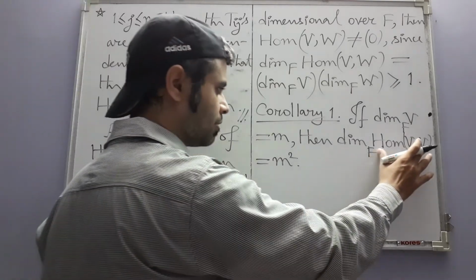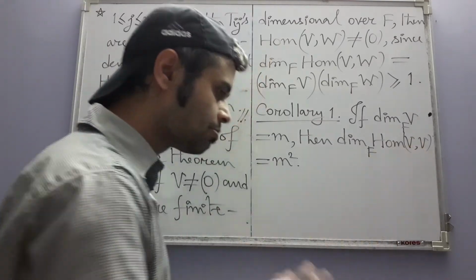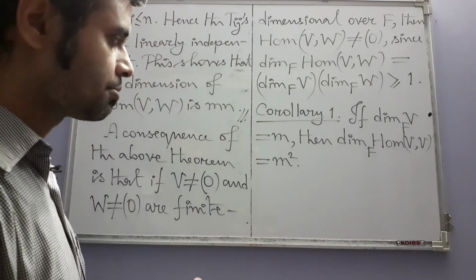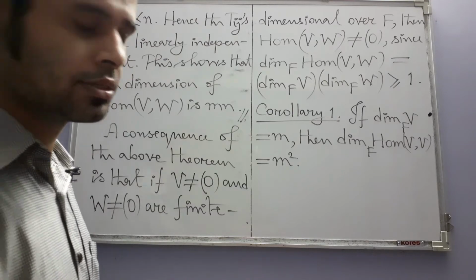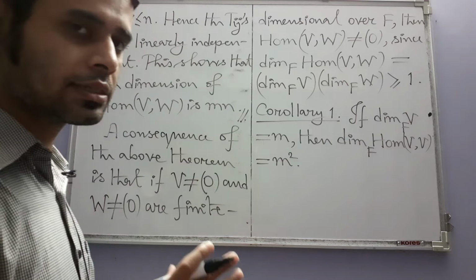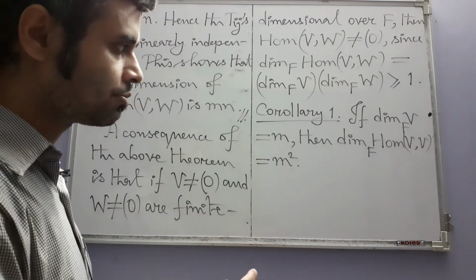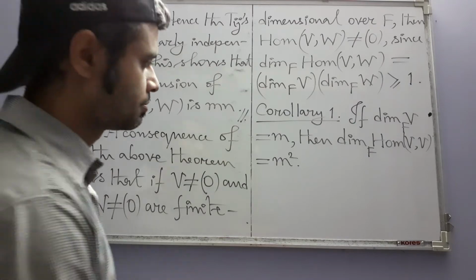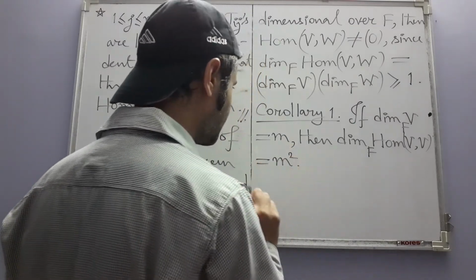Actually, this vector space is isomorphic to another familiar vector space, the vector space of m by m matrices over F, under matrix addition as vector addition and multiplication of a matrix by a field element as scalar multiplication. So this is one thing.